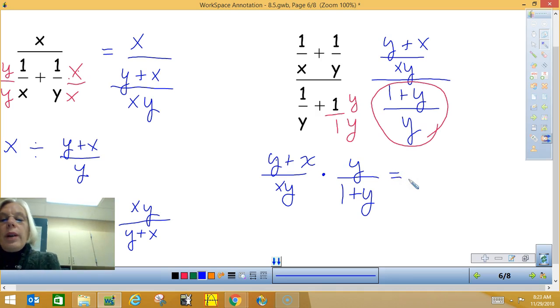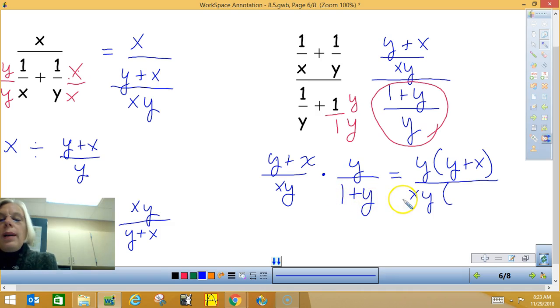Now in the numerator, I have y times y plus x, and in the denominator, I have xy times 1 plus y. I'm going to write that as y plus 1. And let's look. y is attached by multiplication, and here y is attached by multiplication.